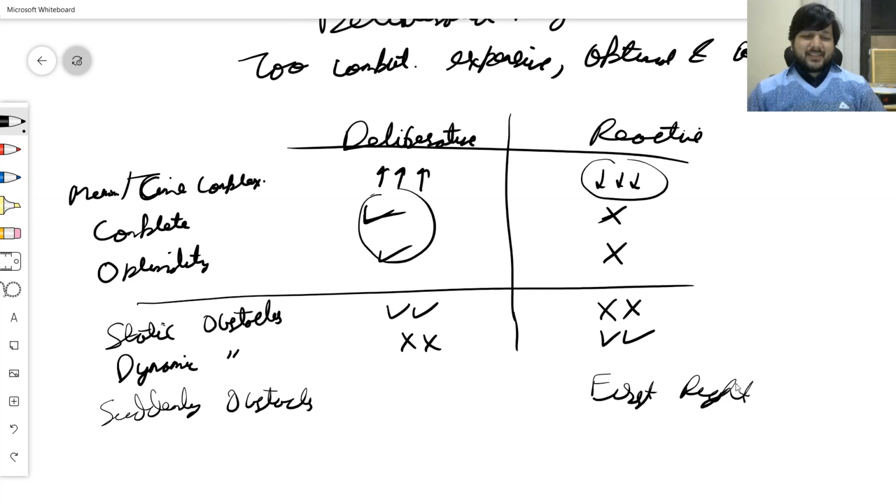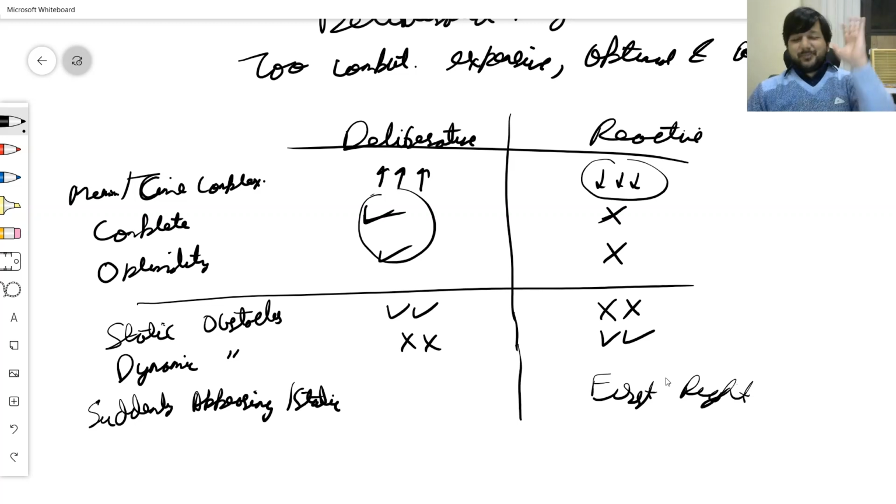So it's suddenly appearing obstacles. Let me write it up again. And thereafter it's static. So first, to make the robot move immediately, you say, okay, let the reactive algorithm carry out.